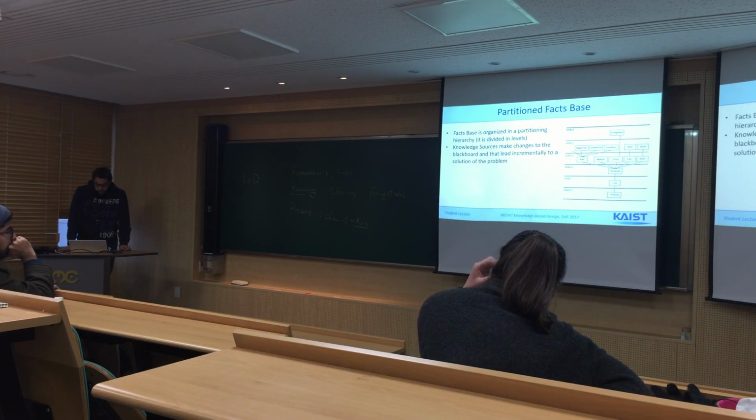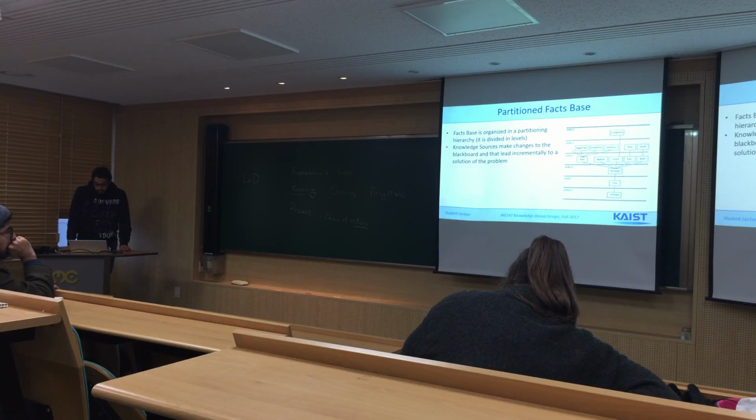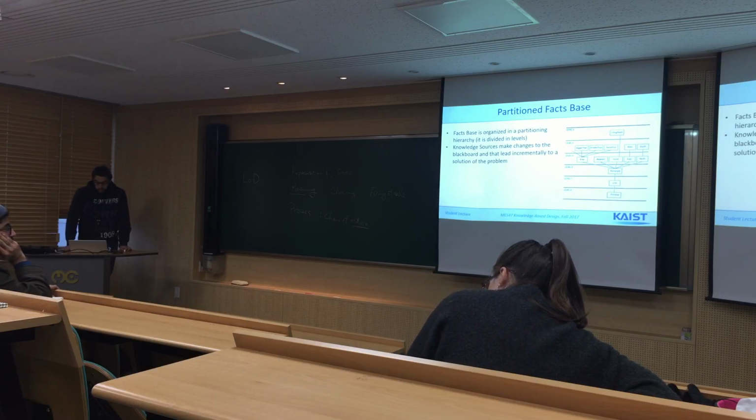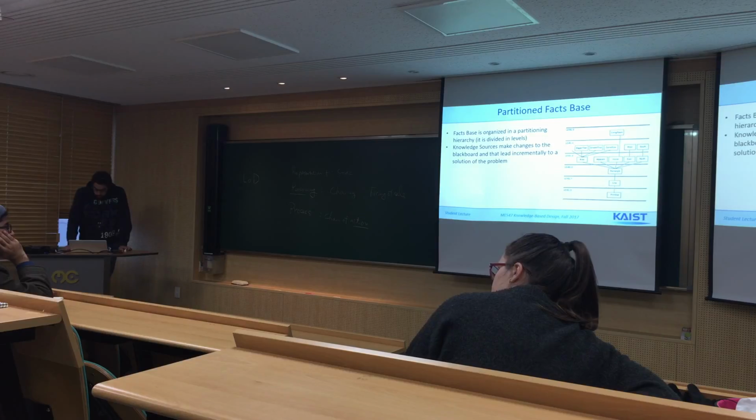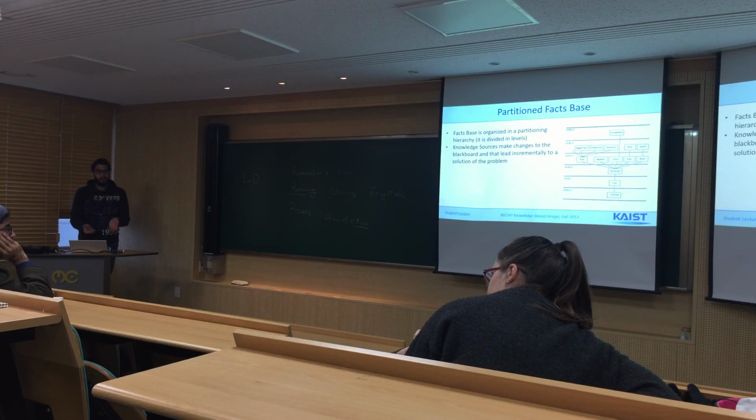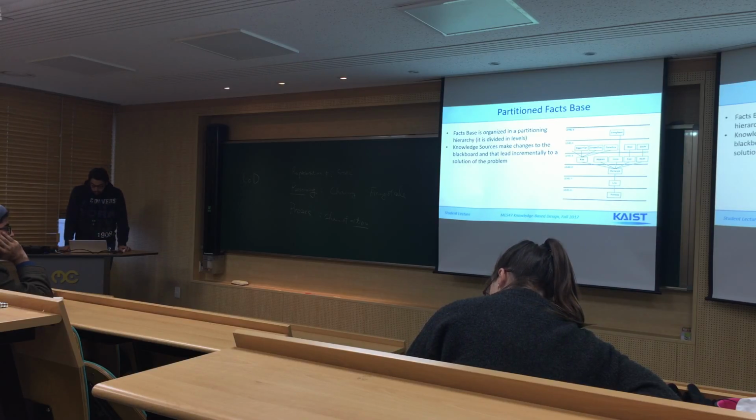For the partition fact base, the facts are organized in partitions in a hierarchy. As you can see in the figure, we have different levels. In this case, there's an example of designing a living room. You start from the bottom level, level 0, and after you design, you see the line, the rectangle, which represents the area of the living room.